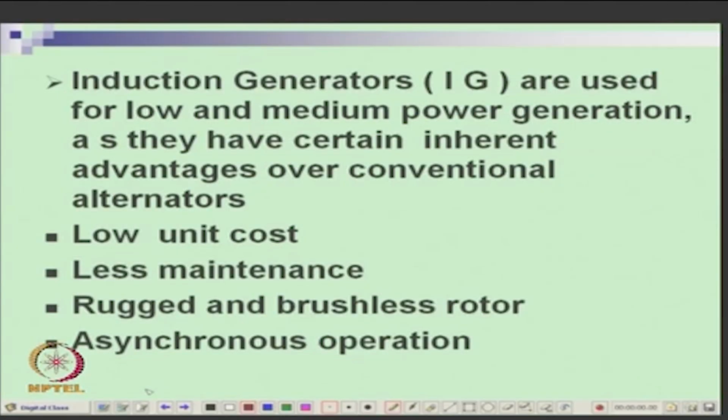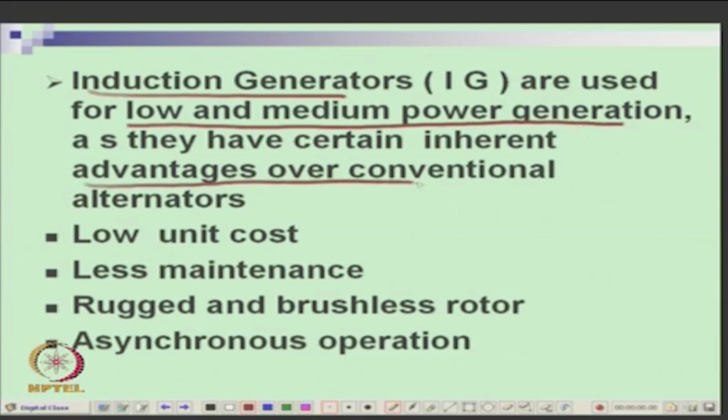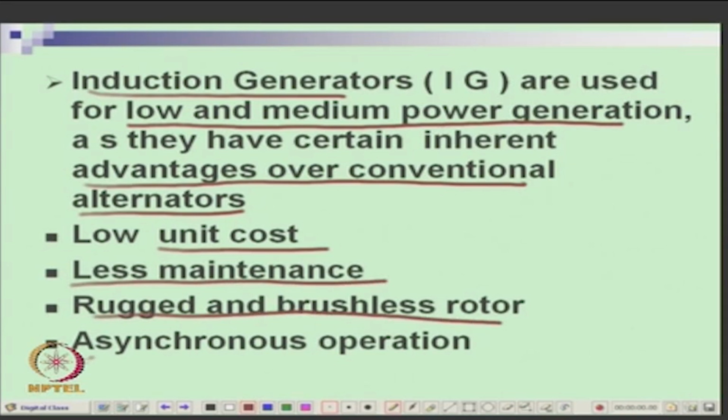Now, if it is a wind driven machine, induction generators are used for low and medium power generation because they have certain advantages. What advantages are there compared to a synchronous generator alternator? Low unit cost, for the same power it costs less. Then less maintenance, it is rugged with a brushless rotor, and you do not need to synchronize.